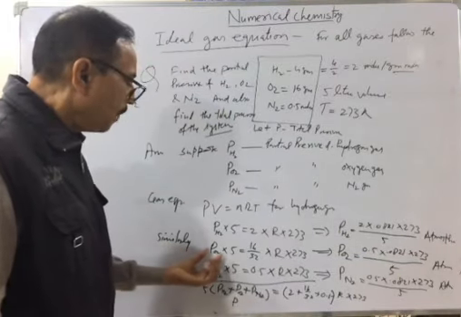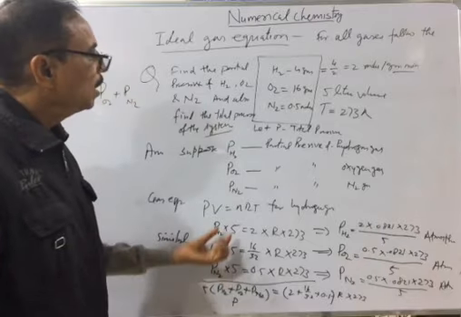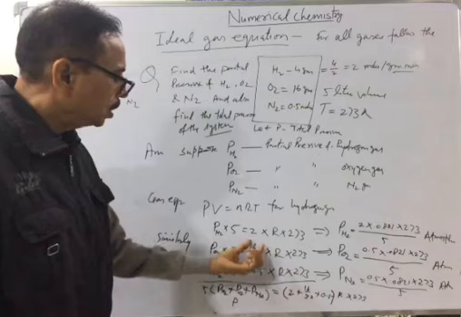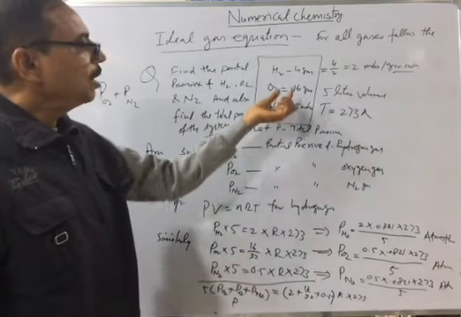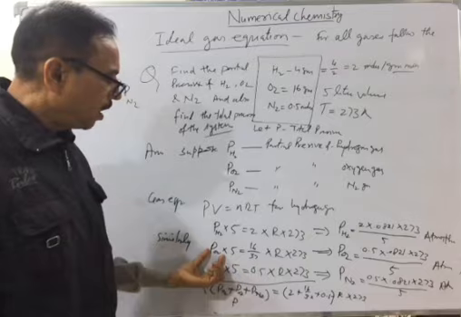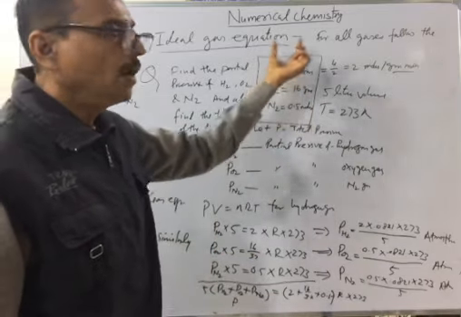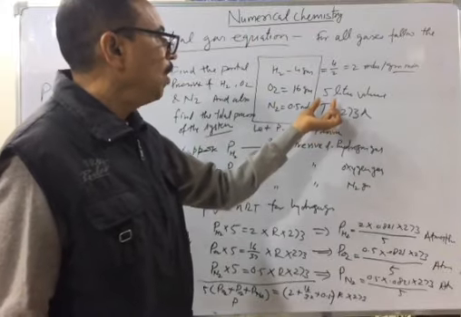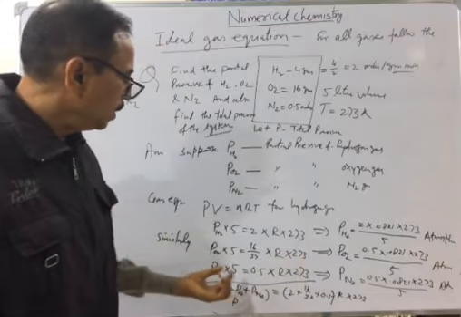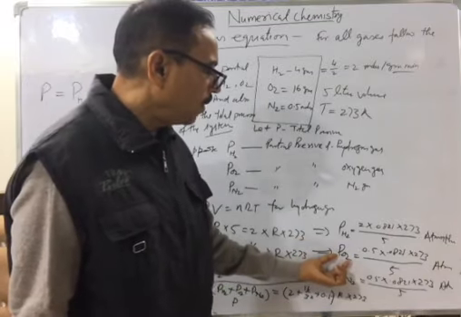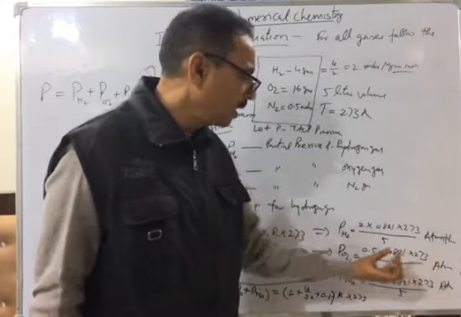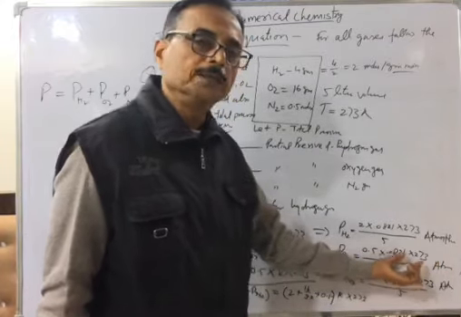Similarly, partial pressure of oxygen, if we calculate, 16 gram into moles, so 16 by 32. 32 is the molecular weight of oxygen. So PO2, partial pressure of oxygen into volume. All the gases will occupy the whole volume, that is 5, moles R and T. Put the value of R and simplified, you will get the partial pressure of oxygen.